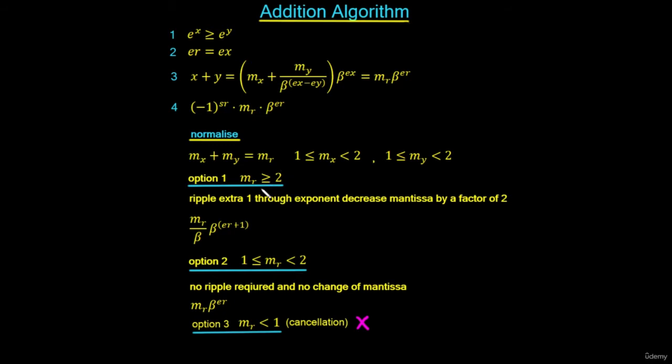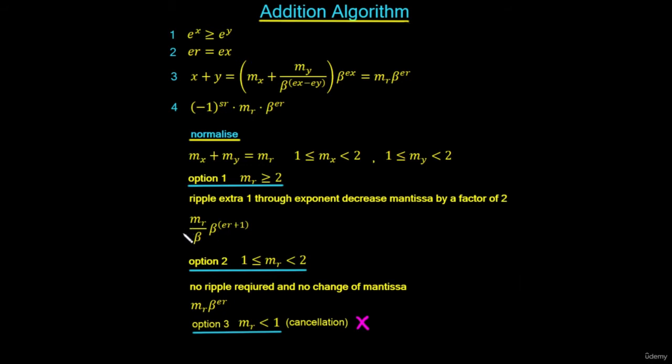In that instance, we're going to have to ripple the extra 1 through the exponent, that is, increase the exponent by a value of 1, and we're going to have to decrease the mantissa by that same factor. Increasing the exponent by 1 means doubling it, so to compensate we're going to have to decrease the mantissa by a factor of 2, meaning we're going to have to halve it.